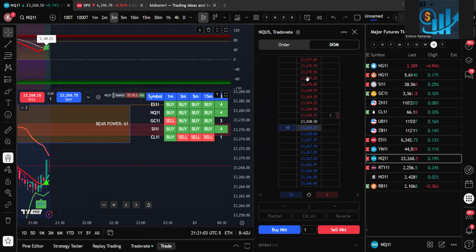I'll also try to add the stocks level manager for some of the major stocks like Tesla, Nvidia, Meta.